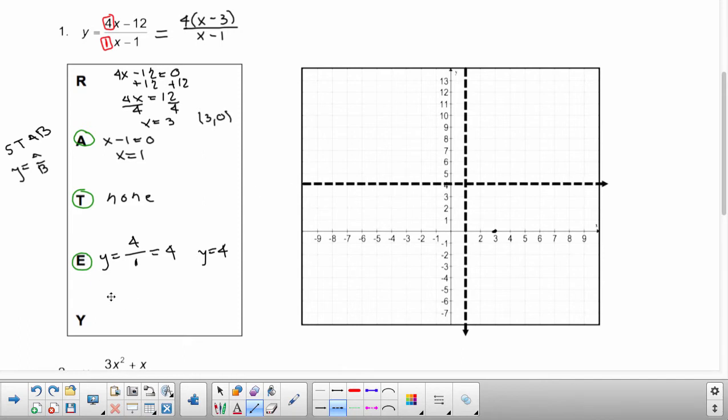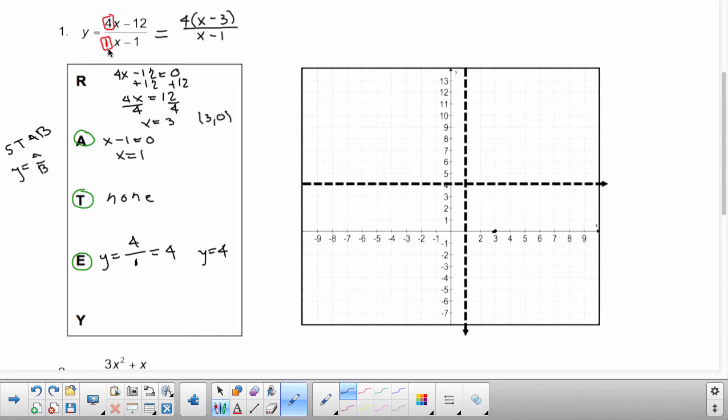The last piece of information in RADII is Y, the y-intercept. We find the y-intercept just as over here, you set x equal to 0. Now it's when x equals 0, when we're crossing the y-axis.